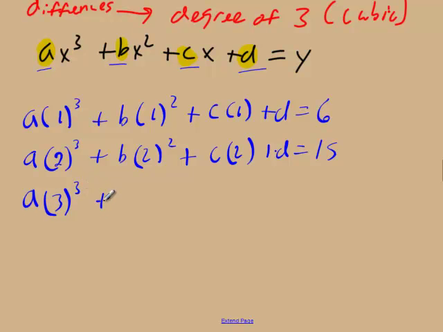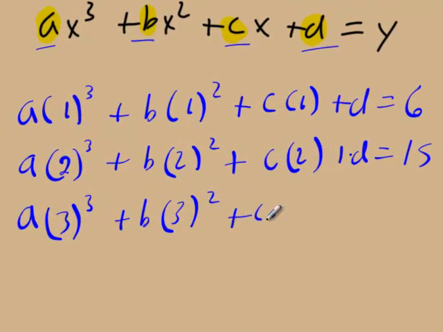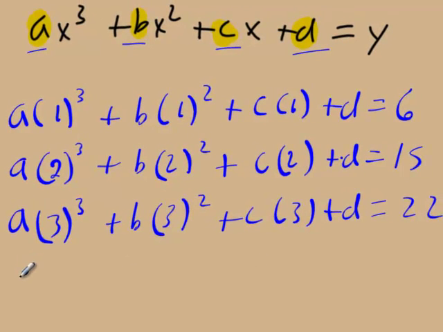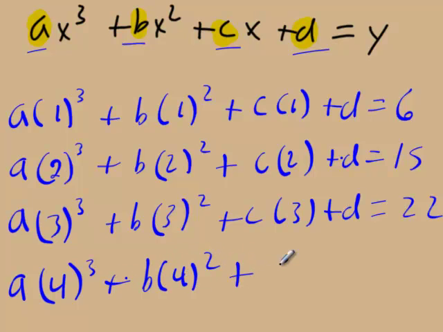So a times 3 cubed plus b times 3 squared plus c times 3 plus d equals 22. And then a times 4 cubed plus b times 4 squared plus c times 4 plus d equals 21.